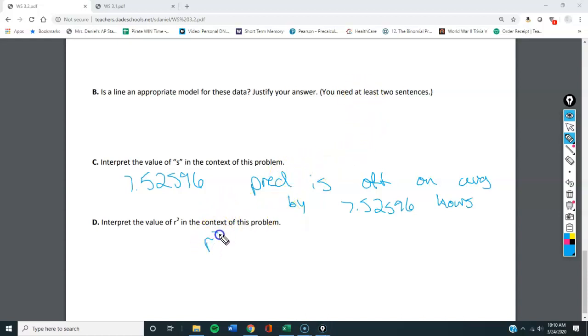R squared, remember r's the correlation coefficient. R squared is your variation percent in a way. So you would say that 86% of variation is explained by this model comparing hours of freshness to sugar content.